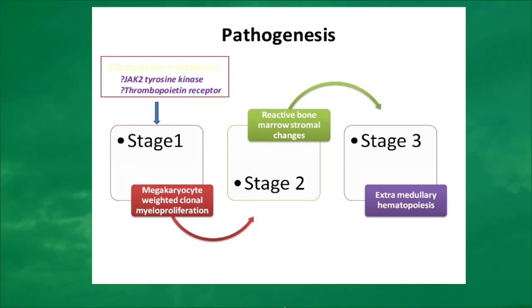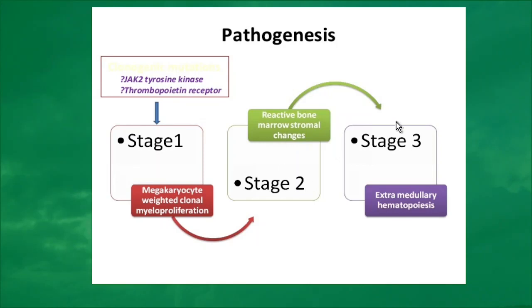Now, in the first stage of myelofibrosis, there will be an increase in megakaryocytes and myeloproliferation, mainly megakaryocytes. Then because of factors released from megakaryocytes, there will be reactive bone marrow stromal changes, whereby fibroblasts and osteoblasts are increased.